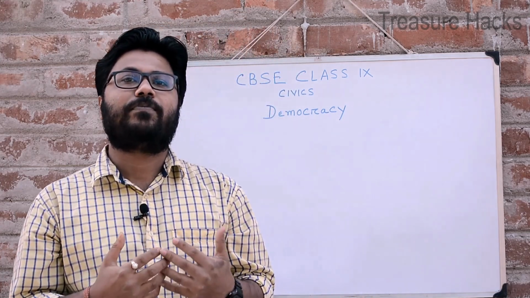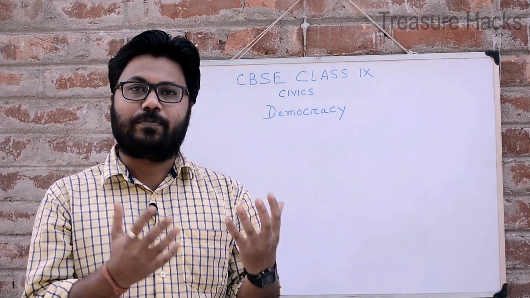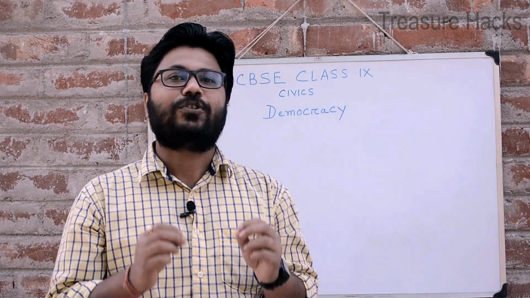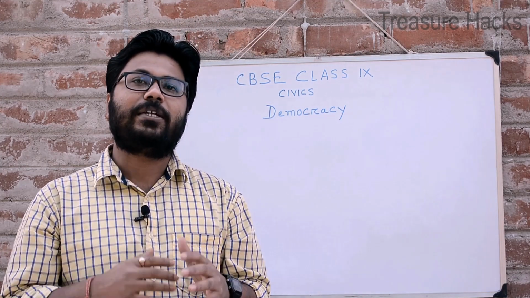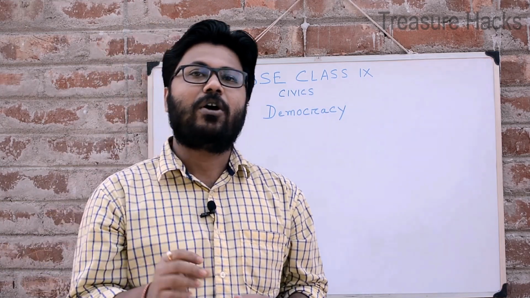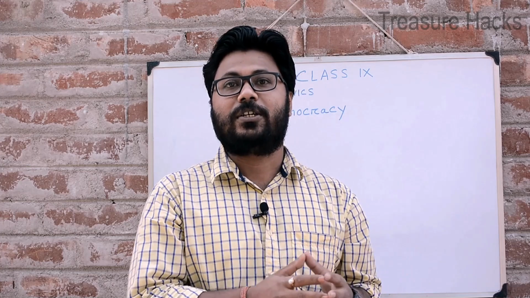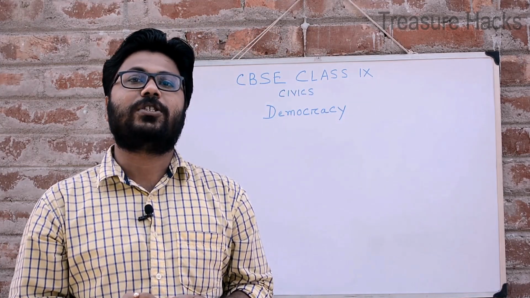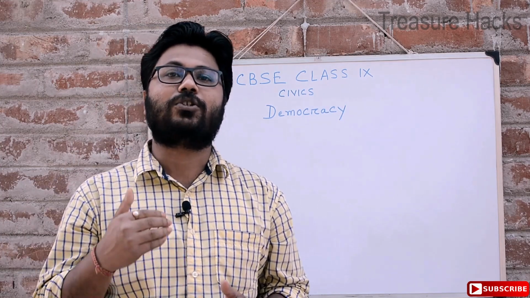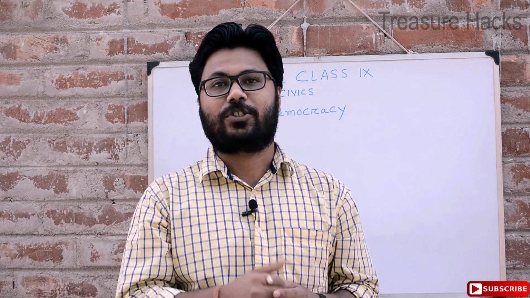Number two, as democracy involves a lot of persons, a lot of debates and discussions, so the final decision may take a longer time to be taken. So in democracy, the decision-making process gets delayed because it involves a lot of debates and discussions.